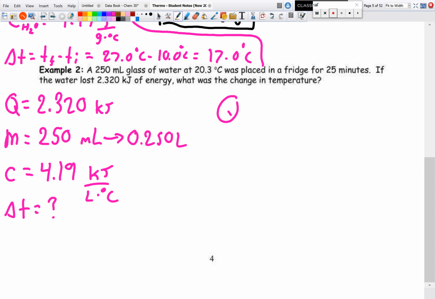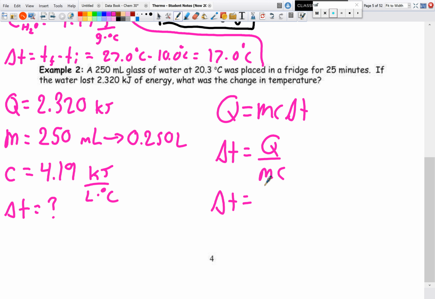So you go Q is equal to MC delta T. Now, if you want to just pause this video and write it out, you can see if you get the same answer, but I'm still going to go through everything. So we need to rearrange for delta T is equal to Q over MC.